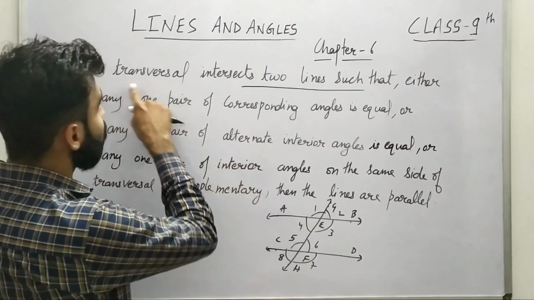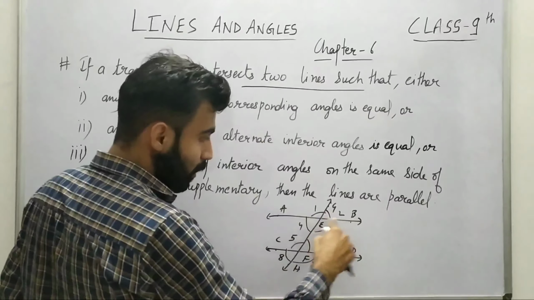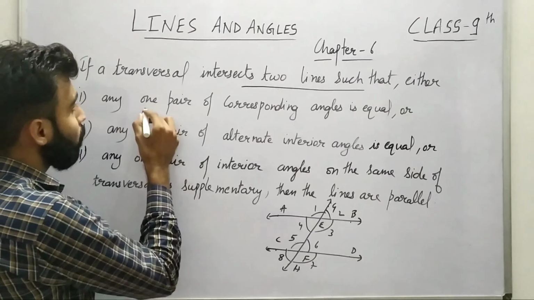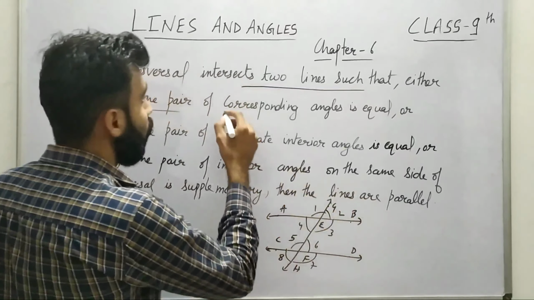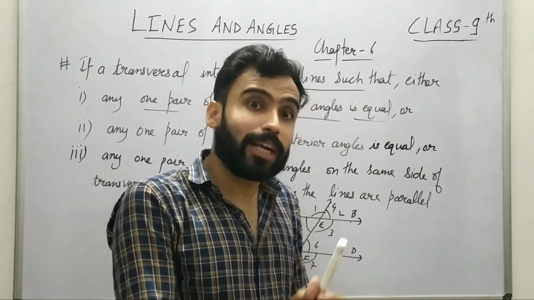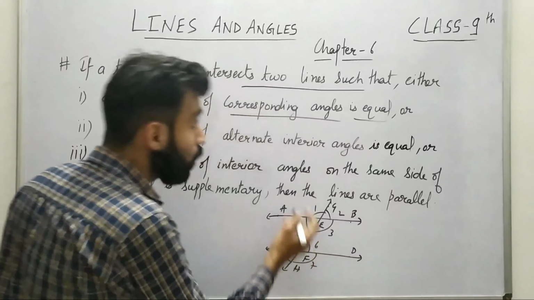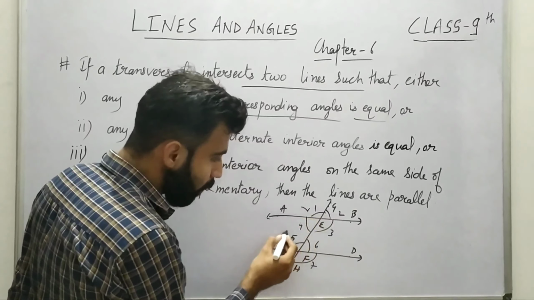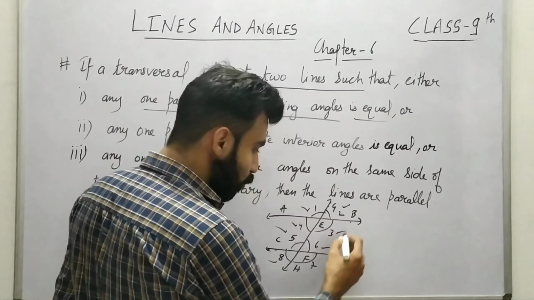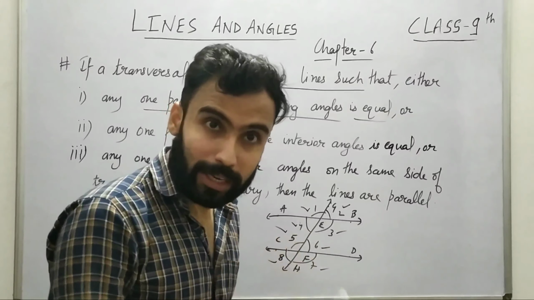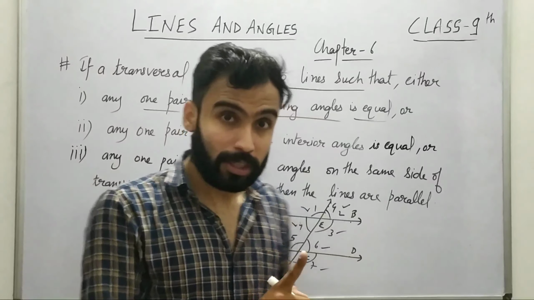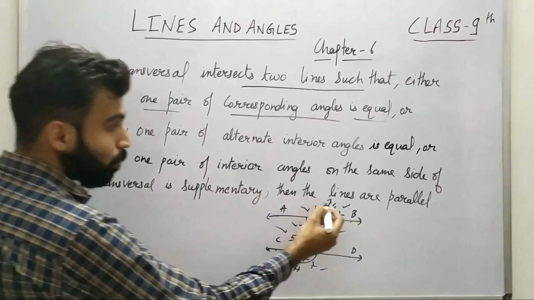So if a transversal intersects two lines like AB and CD such that even one pair of corresponding angles is equal, now you know that 1 and 5, then 4 and 8, then 2 and 6 and 3 and 7 are the pairs of corresponding angles. So if even one pair is given to us as equal, then the lines are going to be parallel.